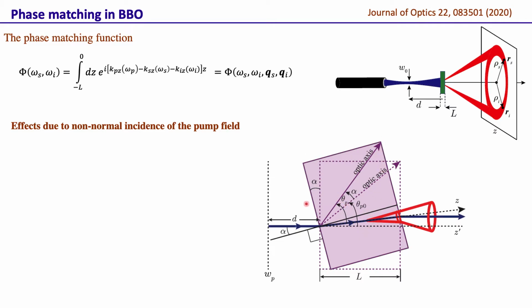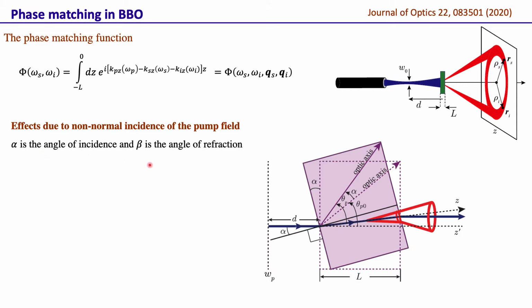If we have a crystal and a pump photon coming in at this crystal, and the crystal is oriented in such a way that the pump comes to the crystal at normal incidence, then of course it just goes straight through. But if the crystal is tilted with respect to the incoming pump at an angle alpha, then there will be a refraction of the pump inside the crystal.